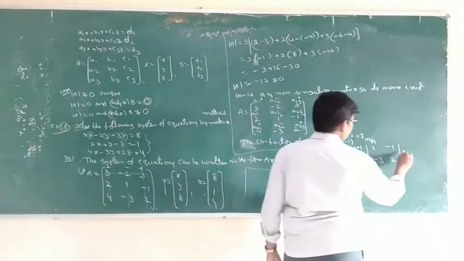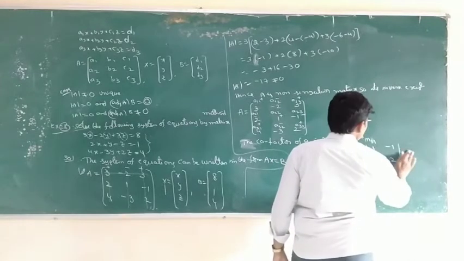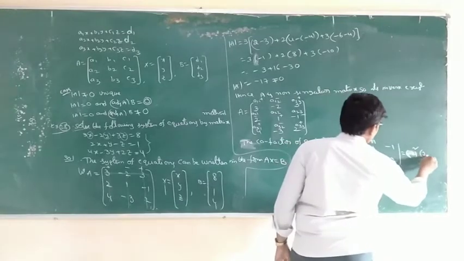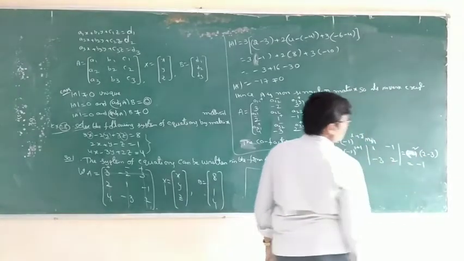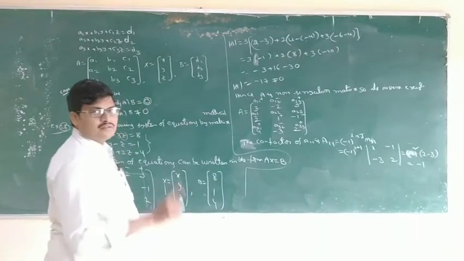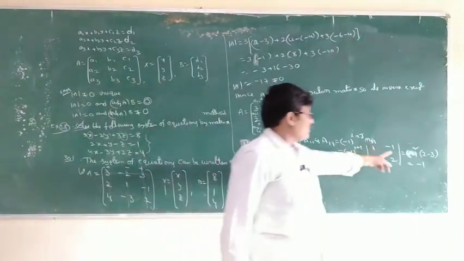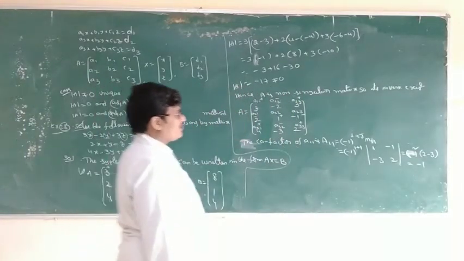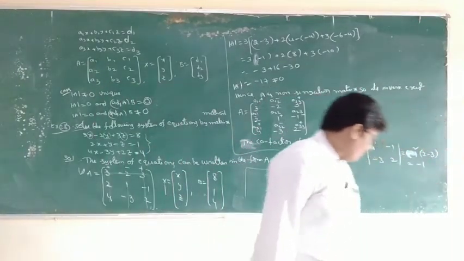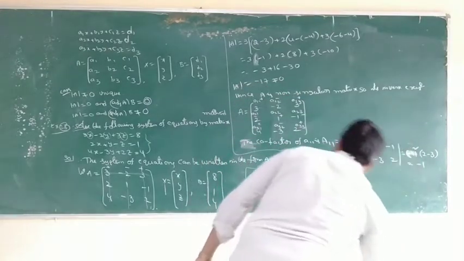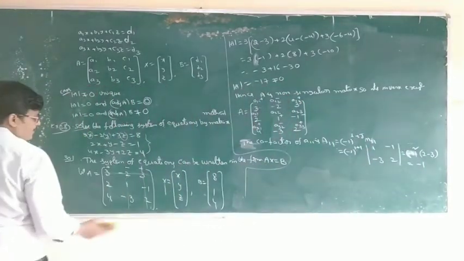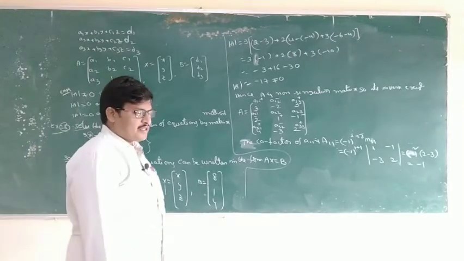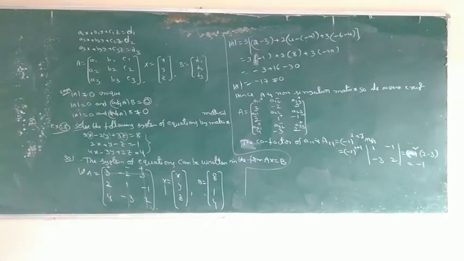So that is equal to minus 1 whole square into 2 minus 3, which is minus 1. Minus 1 whole square is plus 1, and 2 minus 3 is minus 1. So 1 into minus 1 is equal to minus 1. Clear? The main thing in the 5 marks problem is adjoint A.